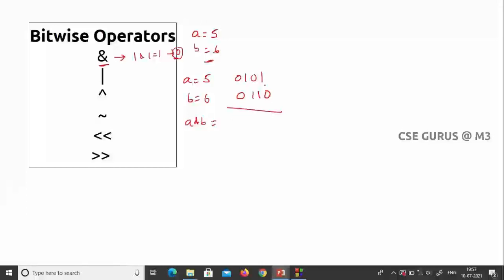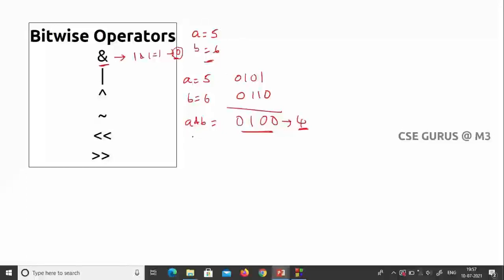1 and 0 is 0, 0 and 1 is 0, 1 and 1 is 1, 0 and 0 is 0, right? So the value is 0 1 0 0, which equals 4. So A AND B is 4.